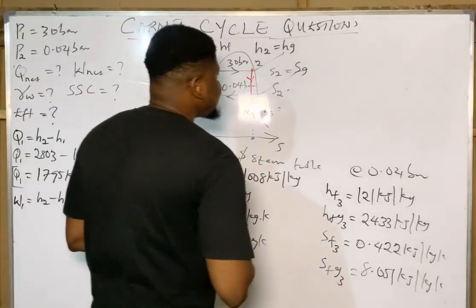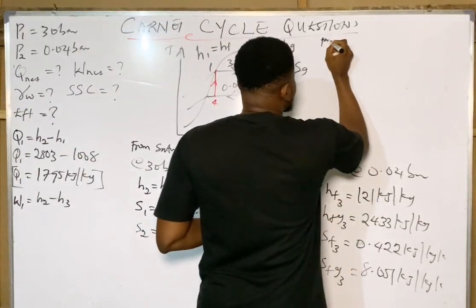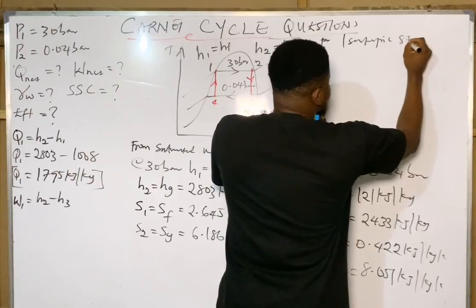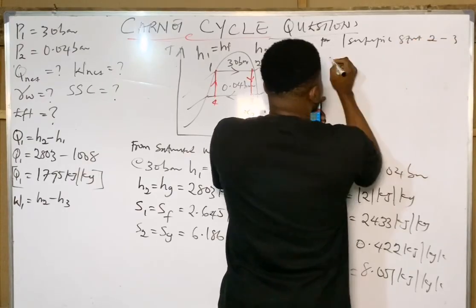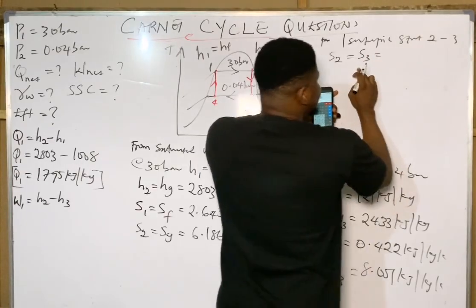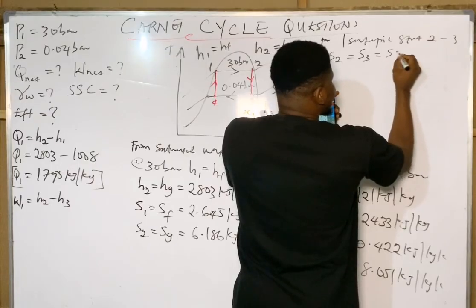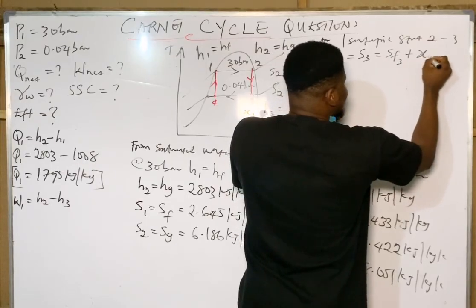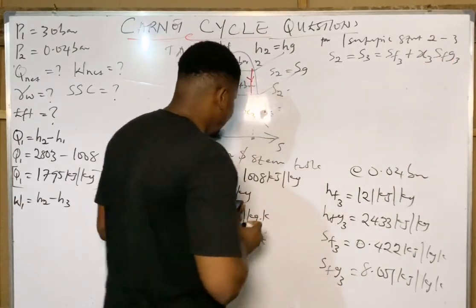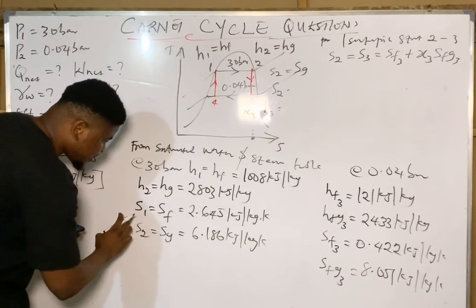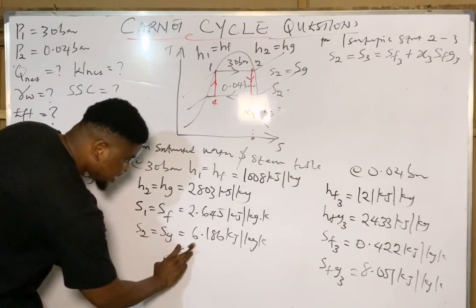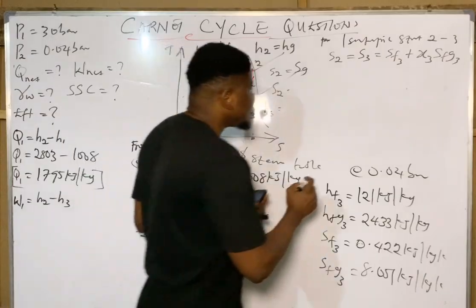So for isentropic state 2 to 3, S2 equals S3, but S3 itself, we found the formula earlier as SF3 plus X3 SFG3. S2 we know the value. S2 is simply SG at the first pressure, 30 bar. That gave us here 6.186.